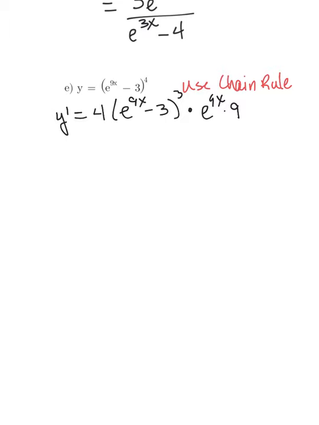To pretty this up a little bit, make it look nicer, we're going to take the 4 times the 9, and we're going to move the items that are single items all out front. So it's going to become 36 e to the 9x times the quantity of e to the 9x minus 3 being raised to the 3rd.